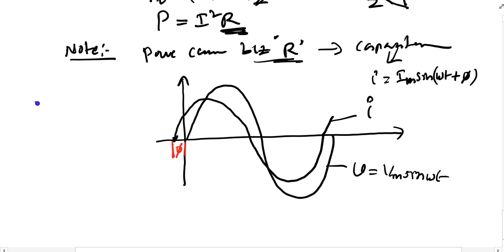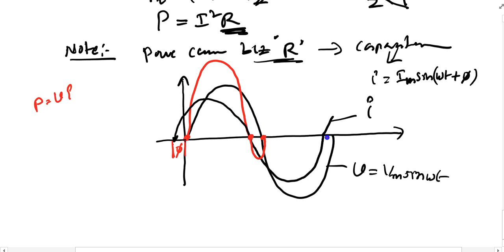Now if you want to calculate the instantaneous power, it is V into I, the product of these two. From this point, both are in the positive direction, so this is what my power looks like. But from here to here, my voltage is in the positive direction and my current is in the negative direction, and the product of positive and negative is coming like this.